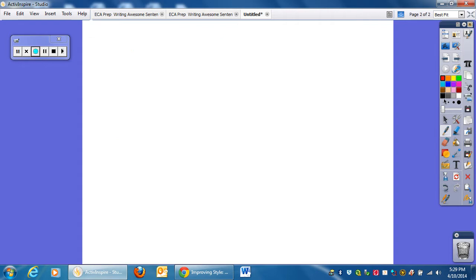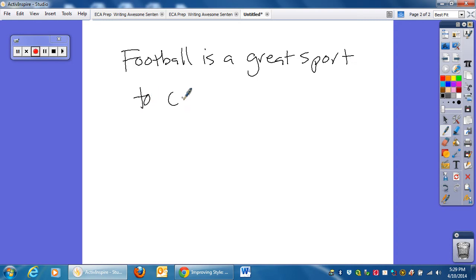So the first example I'm going to talk about, I'll pick any topic. I used to coach football, so we'll talk about that. Football is a great sport to coach. And now, instead of a period, we can put a semicolon here, because the next sentence is going to be related directly to it.